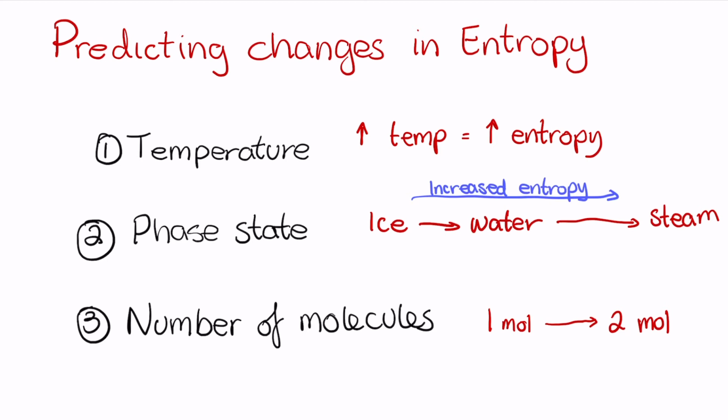So essentially in this dissociation, we're going from 1 mole of a compound, which is water, into 2 moles. So 1 mole of hydroxide and 1 mole of hydrogen. In this, we're essentially doubling the number of molecules within that system. And because of this, we're increasing the disorder or the chaos within that system itself, and therefore the entropy. So it's just important to remember, if we start to increase the number of molecules, we're starting to increase entropy.